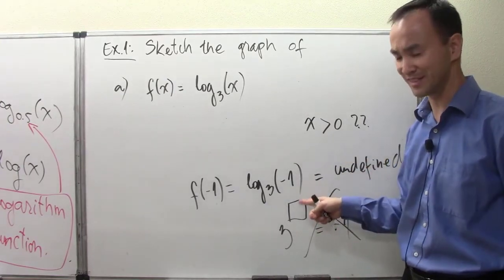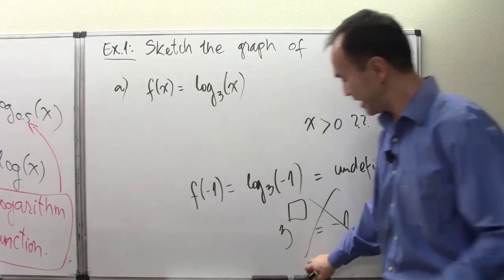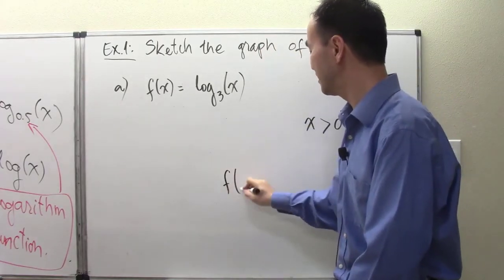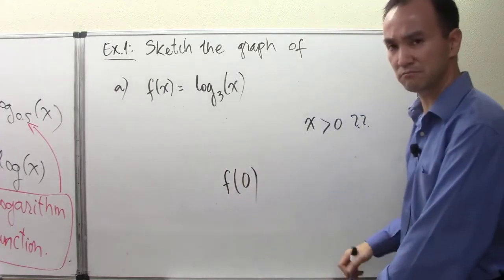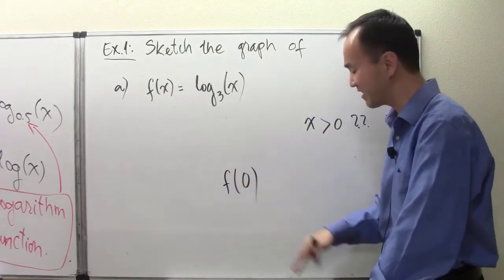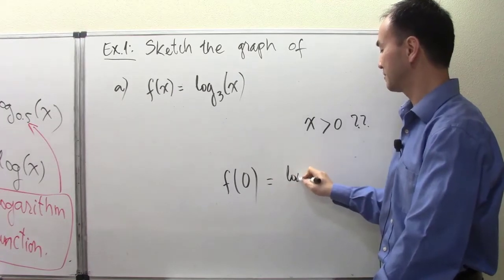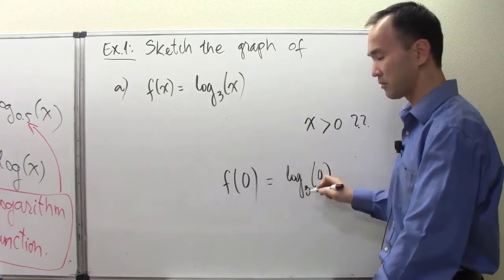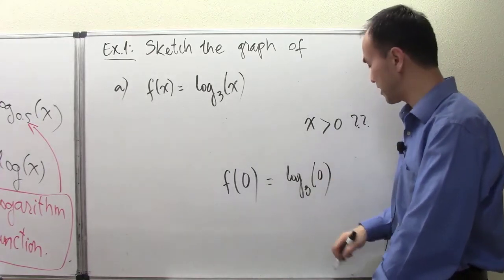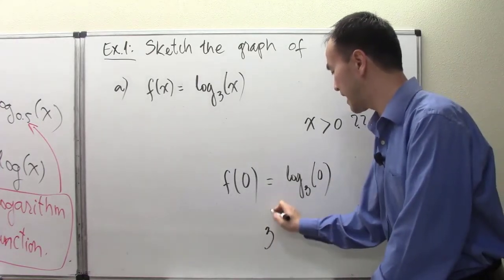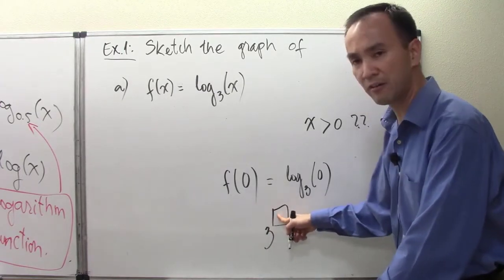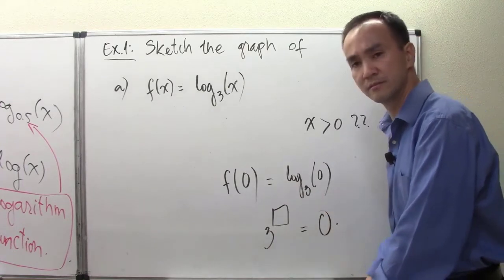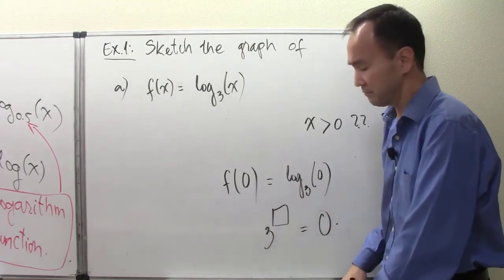What about exactly 0? Trial and error. According to this rule, we're going with log base 3 of 0. Think about that question again: can we find a power of 3 that makes it equal 0? No way, it's not going to work.